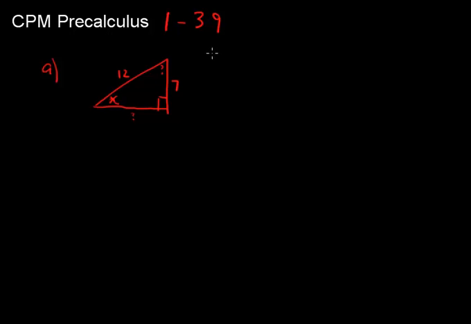Well, first of all, we know SOHCAHTOA, right? Now, if using X as a reference, which one should we use that will include both 7 and 12 and not this question mark?